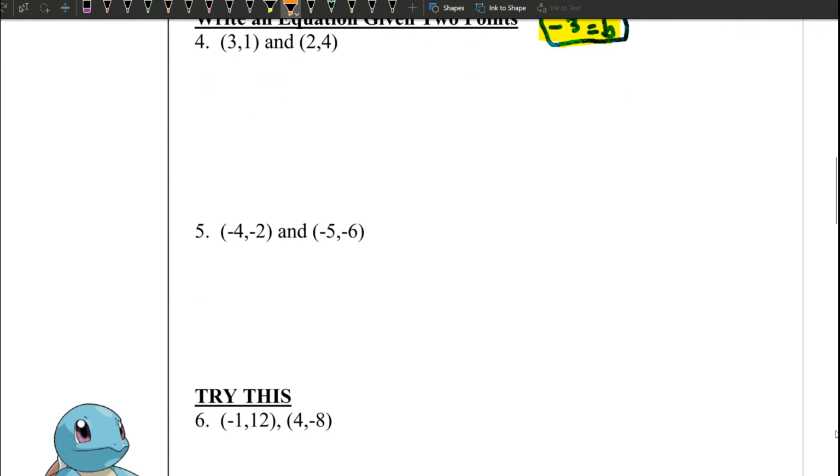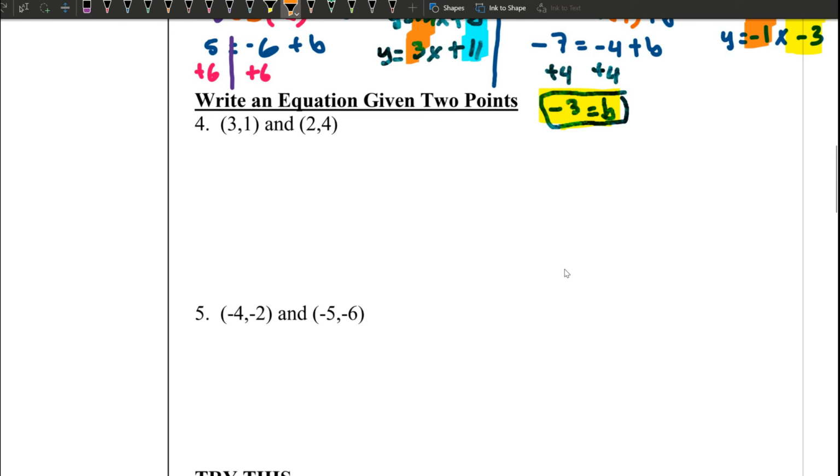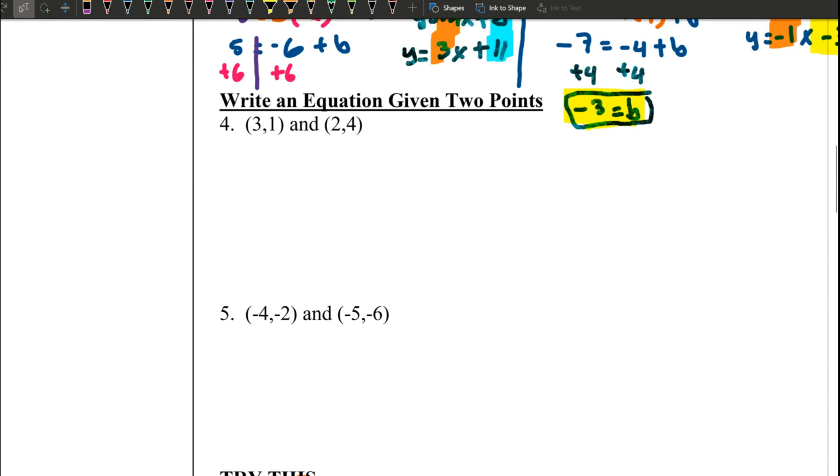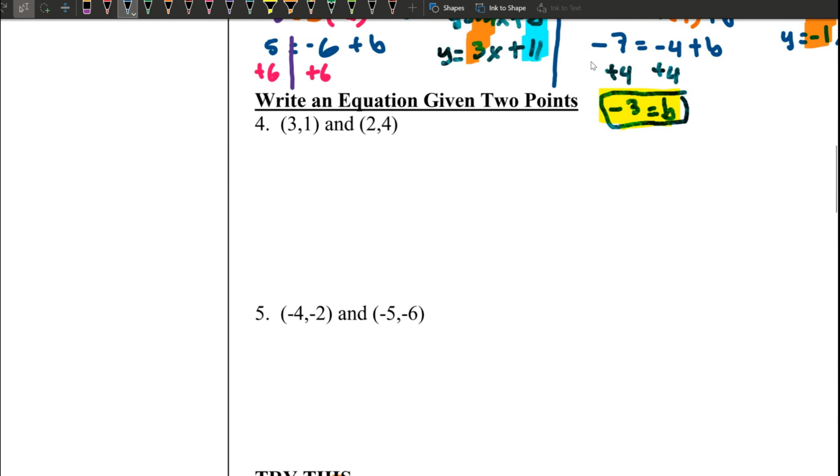Right, equation given 2 points. So they don't give you the slope anymore. They give you 2 points and ask you to find the equation. You may need a lot of space for this one, so I'm going to utilize the space on your left side. You can write on that part. Okay, so first we need to find the slope.